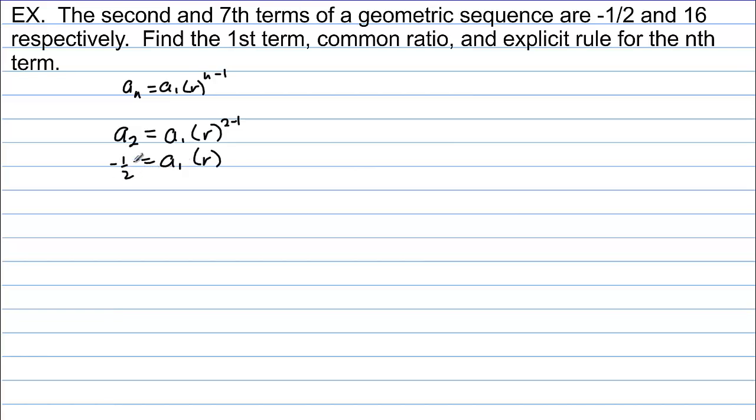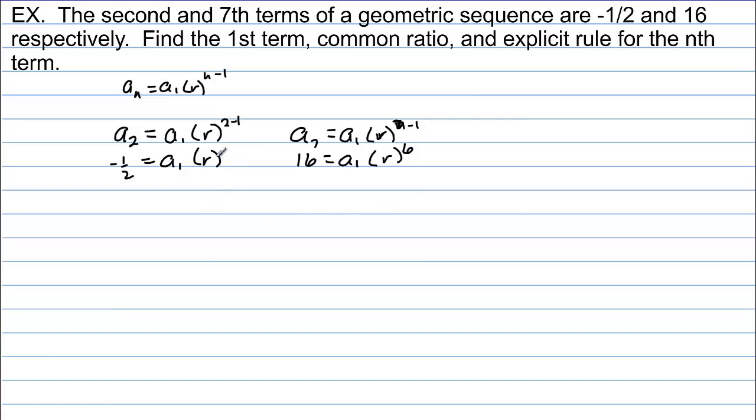A sub 7 equals a sub 1 times r to the n minus 1, and we know that this is 16. So a sub 7 is 16, a sub 1, r to the 6th.